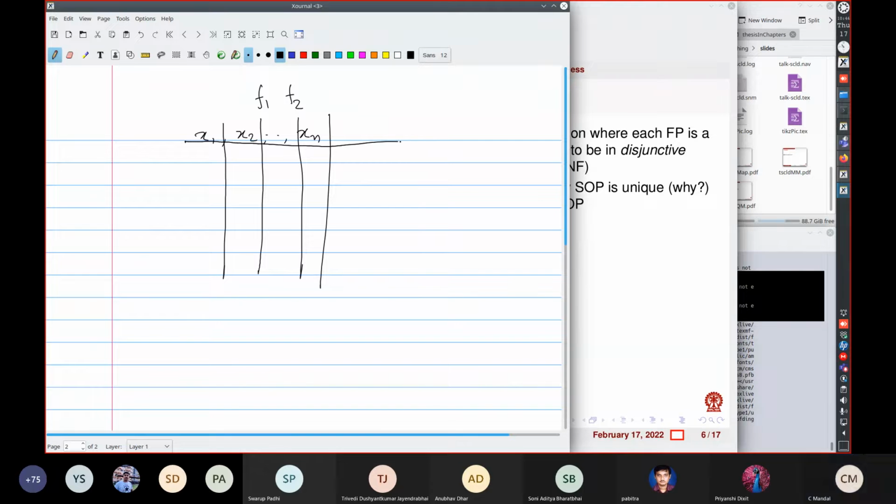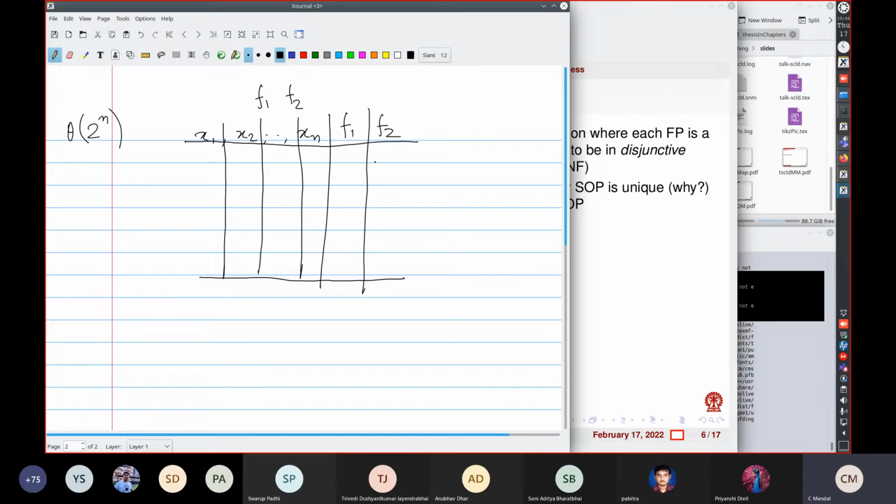For the various entries, you can tabulate the values of f1, tabulate the values of f2, and check whether the two are indeed the same. So it is possible, except that it's a bit expensive. What is the cost? It is theta of 2 to the power n. So it's an expensive procedure, if you do it this way.